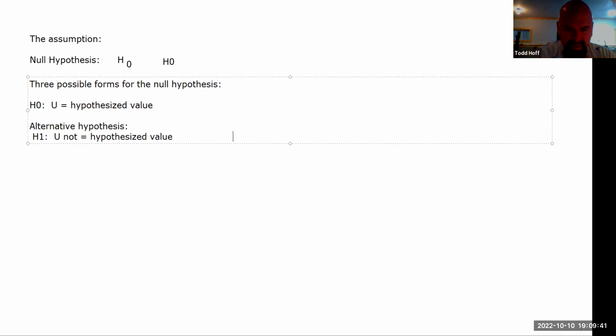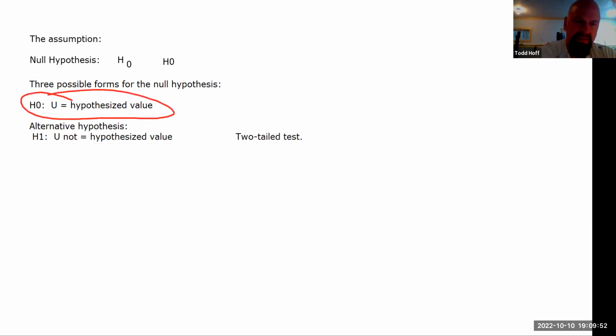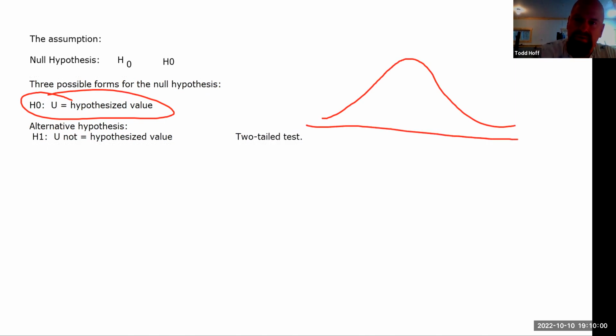This is what we call a two-tailed test. What does that mean? Well, that means this null hypothesis, the hypothesized value, that assumption is used to create a hypothetical sampling distribution.